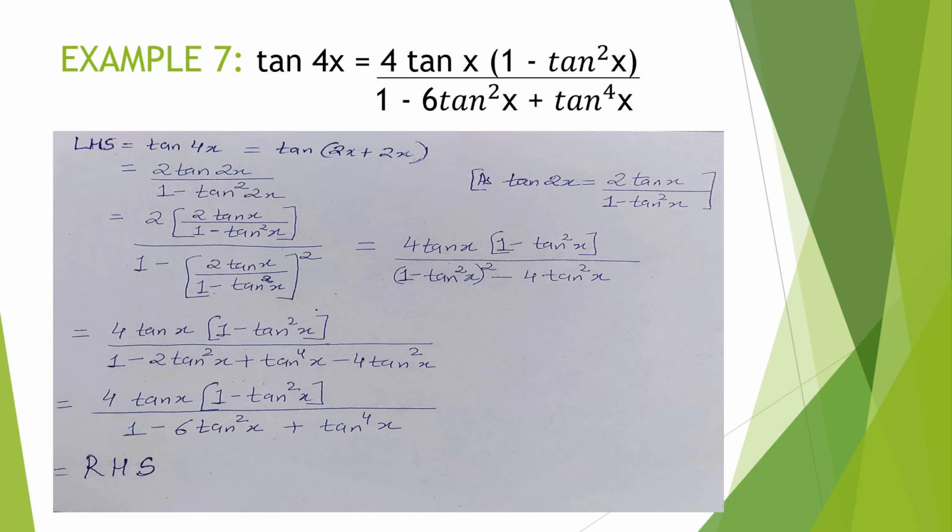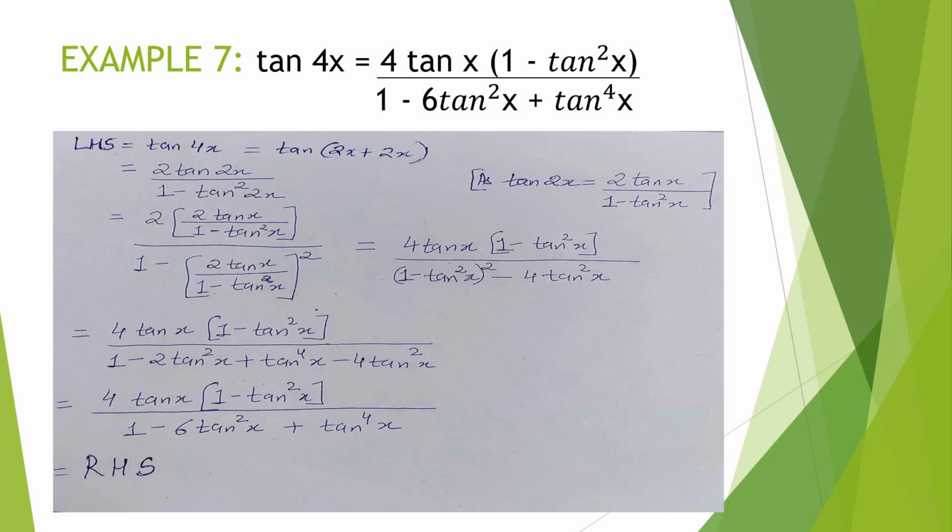So the second term and fourth term, the second term is 1 minus tan square x and the last term is 1 minus tan square x whole square. So one of them will get cancelled. So in the numerator you will have 4 tan x into 1 minus tan square x.